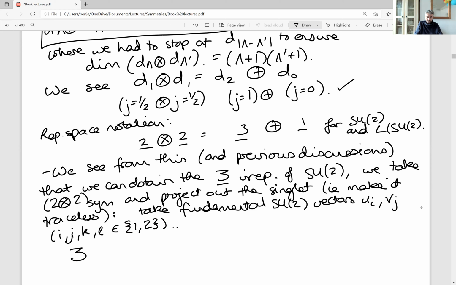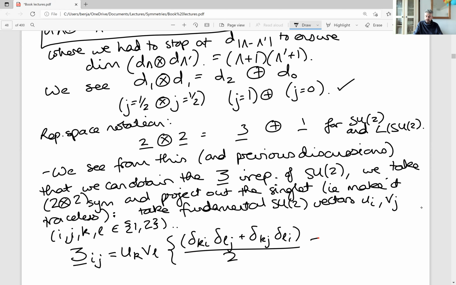Then the ij-th component of the 3, U_k V_l, the symmetric combination we're going to write in terms of Kronecker deltas: delta Ki delta Lj plus delta Kj delta Li, divided by 2, minus a half delta KL delta Ij. That projects out the singlet component.